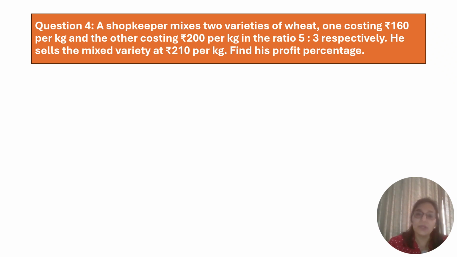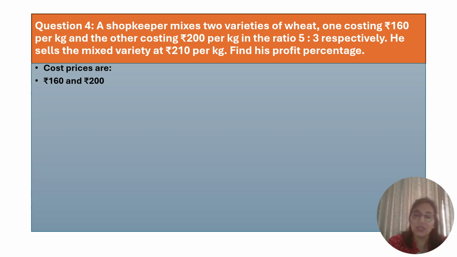Now let's see question number 4. A shopkeeper mixes two varieties of wheat, one costing 160 per kg and the other costing rupees 200 per kg in the ratio 5:3. He sells the mixed variety at rupees 210 per kg. You have to find his profit percentage. Now the cost prices are given, that is 160 and 200. What is the mixing ratio given?